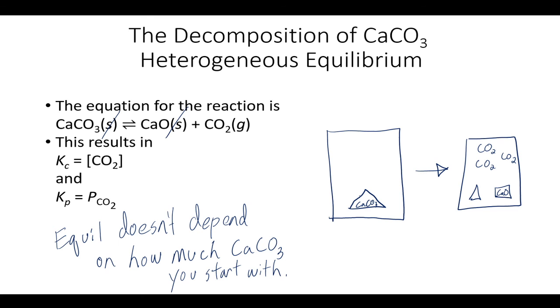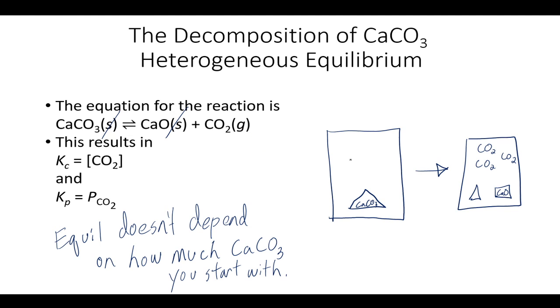It doesn't matter if I start with 100 grams of calcium carbonate, okay, or 1,000 grams of calcium carbonate. The pressure of the CO2 at the end of the reaction, the concentration of CO2 at the end of the reaction is going to be the same, which is crazy to think about, but that's how equilibrium works. It doesn't really depend on the solids or liquids, just on the gases or aqueous.